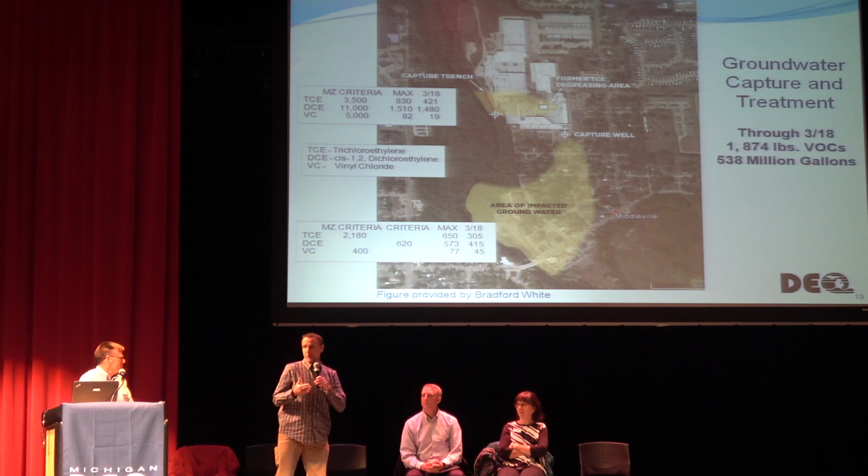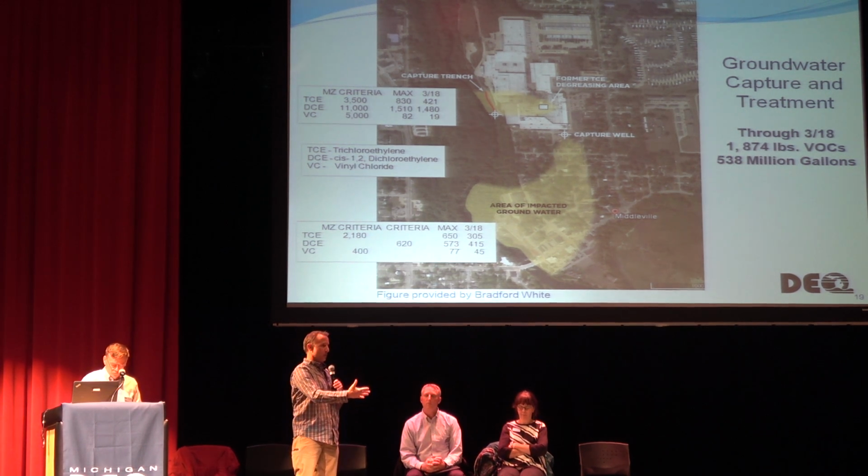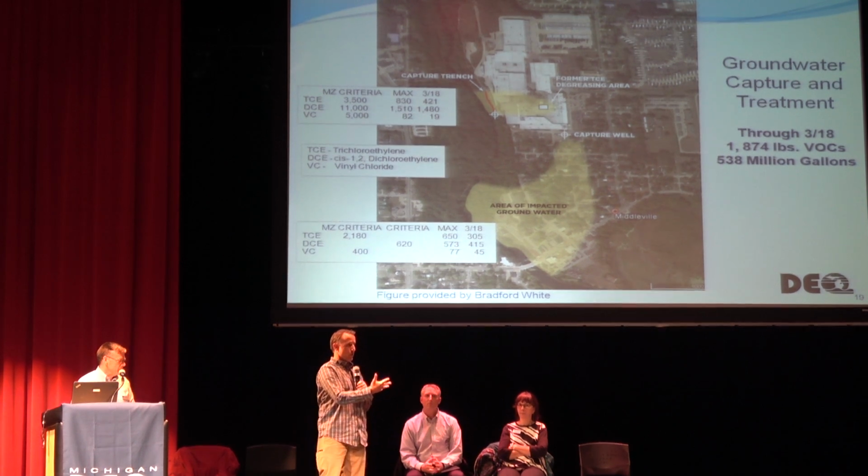The short answer is, could they? Yes, they could. Again, we want to continue monitoring the levels in these monitor wells at the river. And we have these criteria that have been calculated to ensure that we're being protective of all the uses.